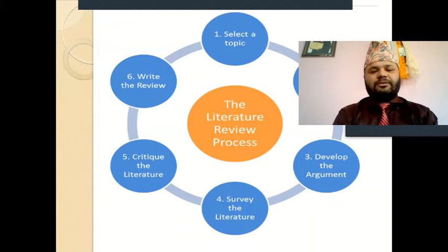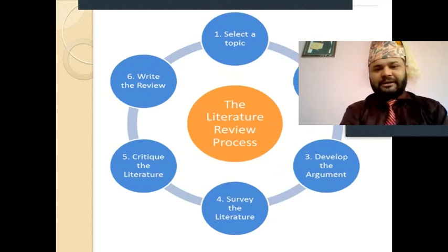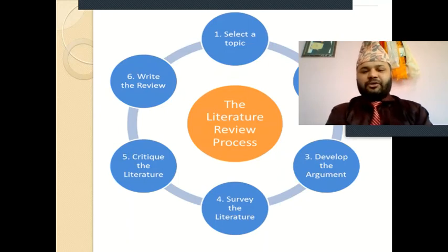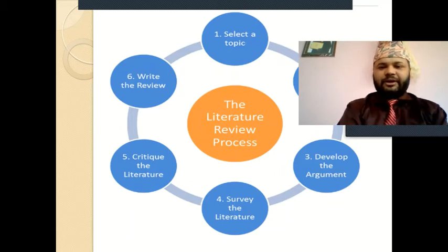If you're trying to locate one particular theory or literature, you get multiple literatures, and then you need to survey the literatures as well, right? You need to prioritize the literature. So you need to develop the argument. What are the answers that I want to find? That's why it is easy to figure out your literature, and then to survey your information, to figure out the proper location for your topic. Okay, that is the survey of the literature.